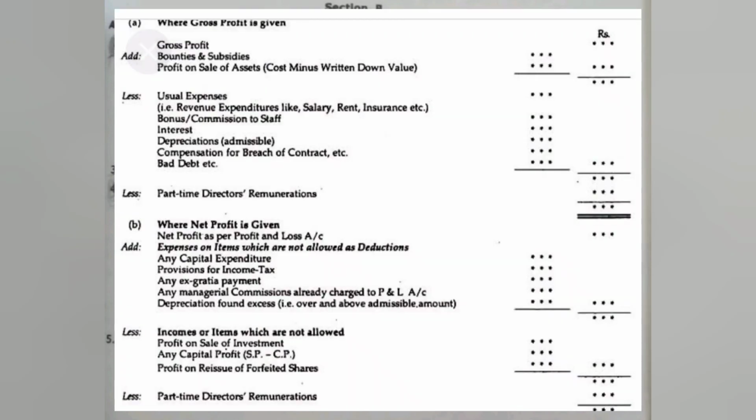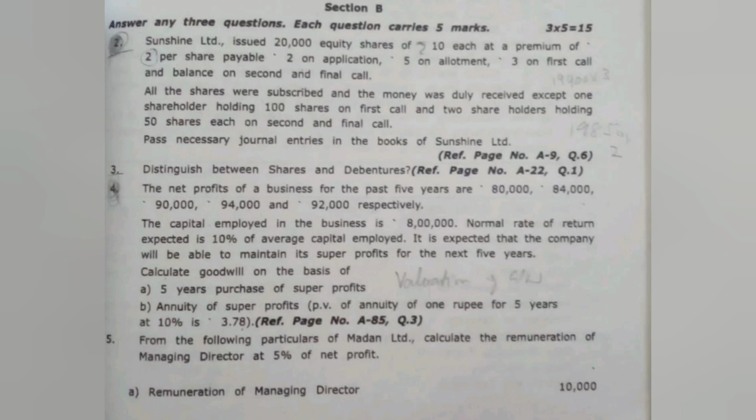We need to go through the format to calculate managerial remuneration. In this, it is clearly written that any kind of salary we need to minus, any kind of depreciation allowed we need to minus, and we need to add provisions for bad debts, tax, and loss on sale.